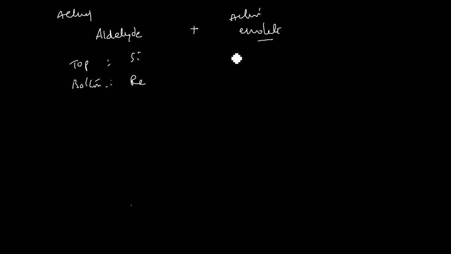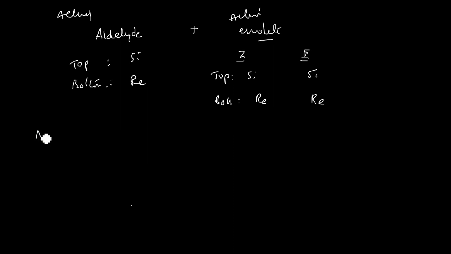So always this achiral enolate is approaching this aldehyde, and this enolate also has two different types, that is Z and E. So Z enolate has Si face and Re face, as well as E also has Si face and Re face. That means this aldehyde can approach with two different types of enolates, that is Z enolate and E enolate. So how many possibilities can you get here?